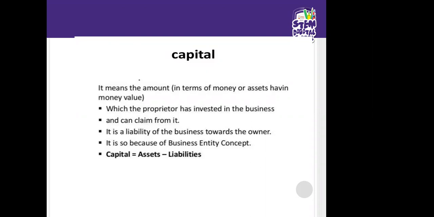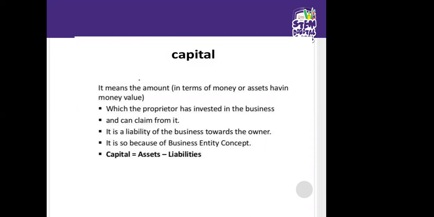Okay, I just want to talk a little bit about that business entity concept. What does that mean? Because that is actually a rule, like a law actually, that there is in every business, that business entity concept.